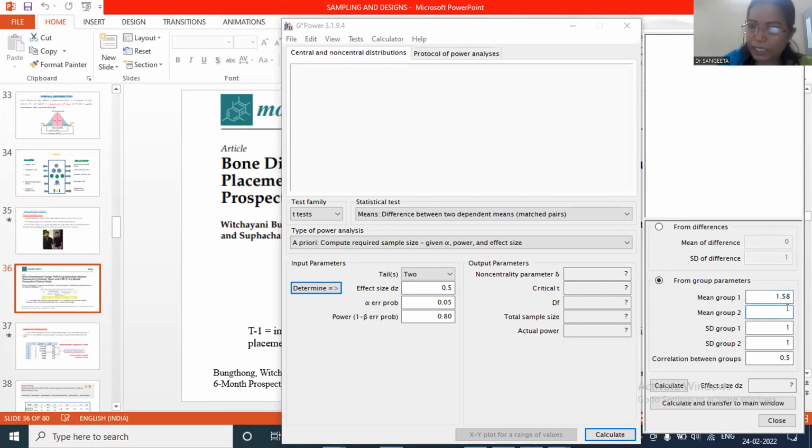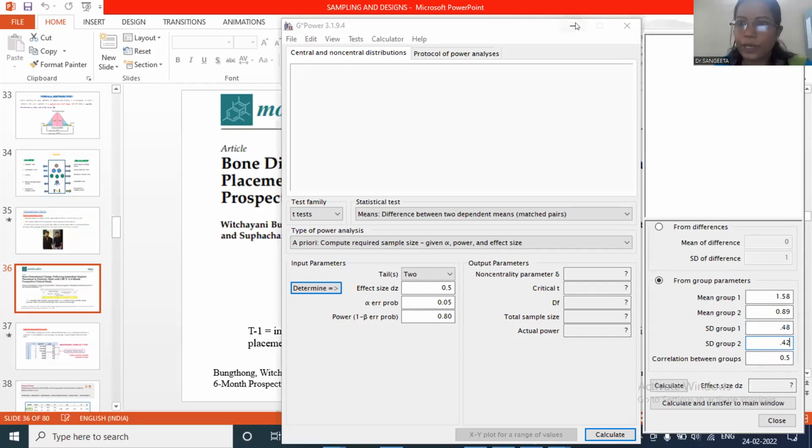And after 6 months, what was the value? It was 0.89. The standard deviation for the first group, that is your baseline, was 0.48, and for the next was 0.42.